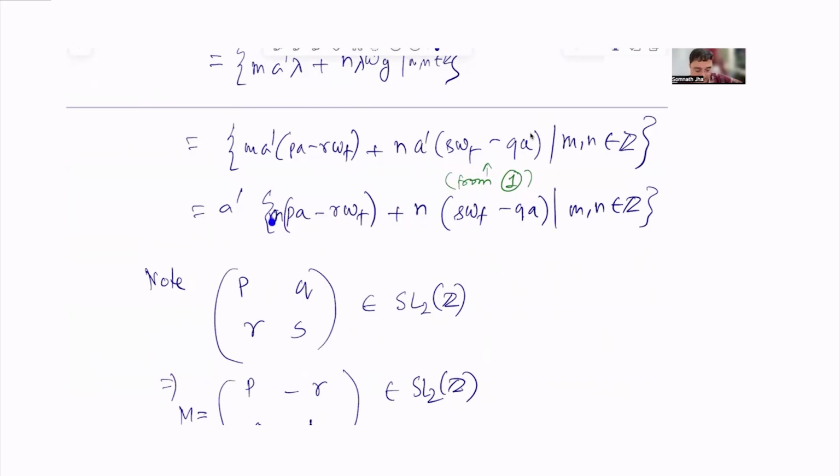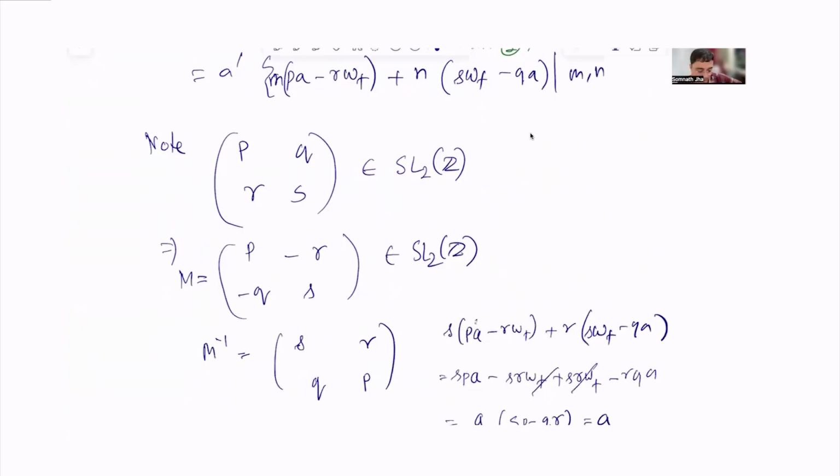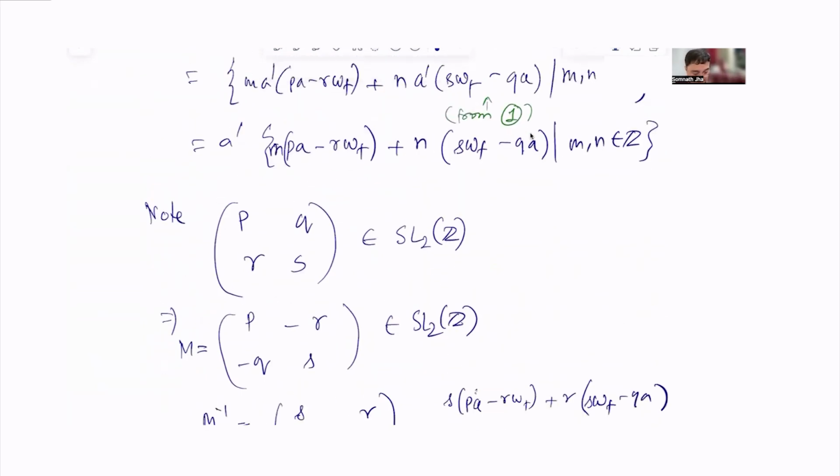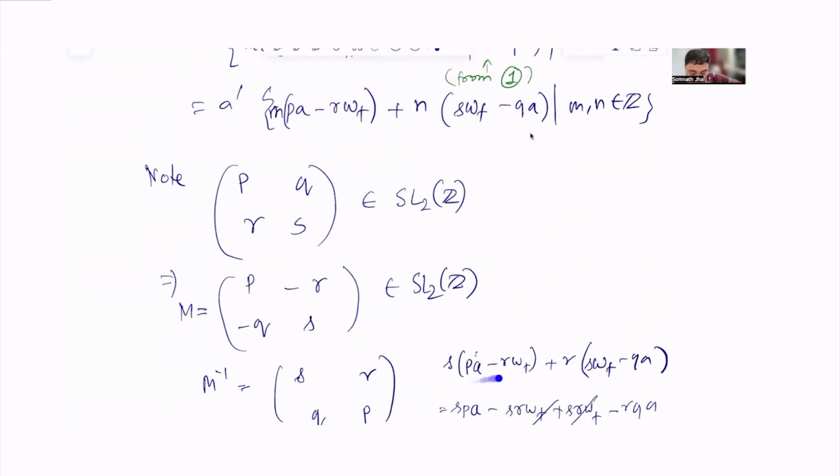So basically the abelian group generated by this is the same as the abelian group generated by a and omega f, right? So more precisely, you write the inverse as s, r, q, p. In particular, you can take m equal to s and n equal to r. Then s into pa minus r omega f plus r into s omega f minus qa. You can check.